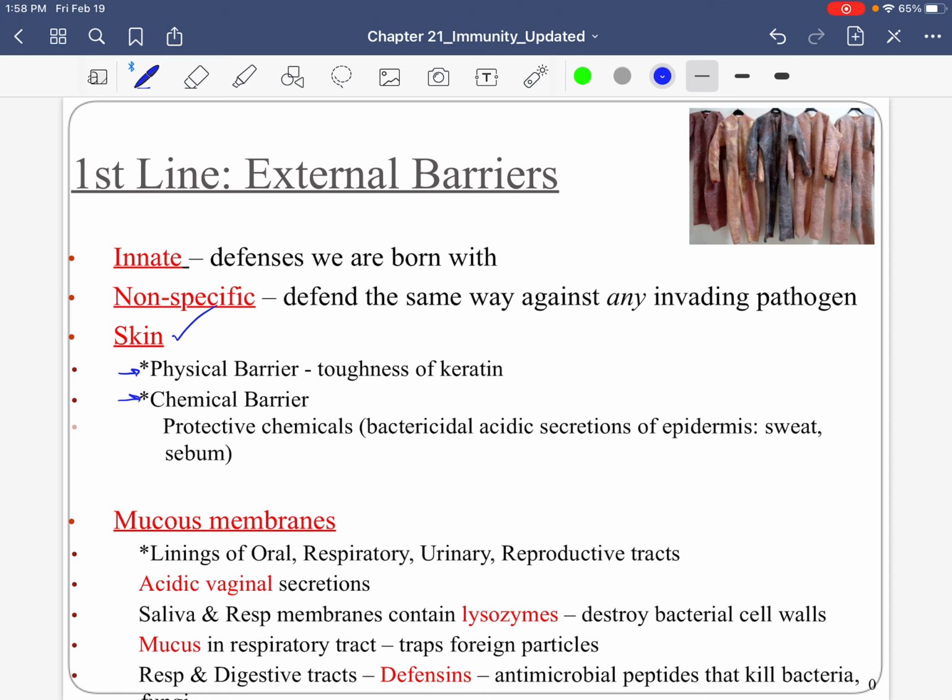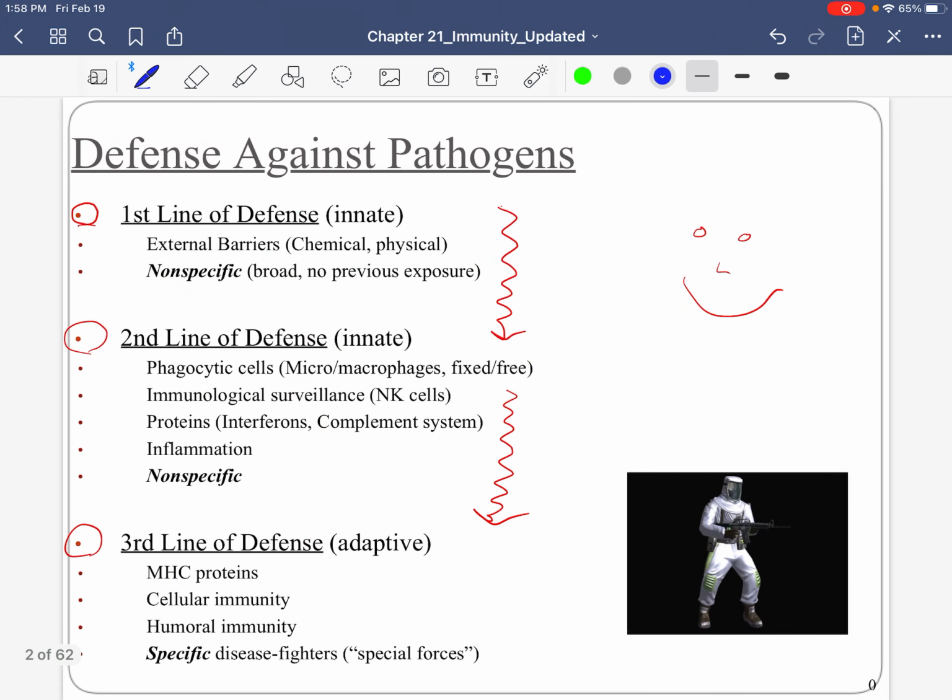Now let me introduce a couple terms here. Let's first introduce innate. Innate means that these are defenses that we are born with. If I go back here, these first 2 lines of defense are considered innate. We're born with it. It's part of our normal growth. We are born out of the womb with skin, my friends.